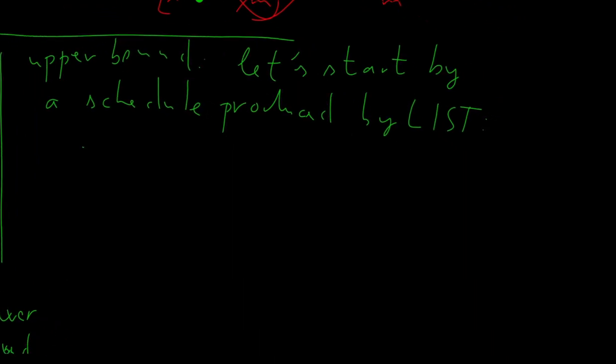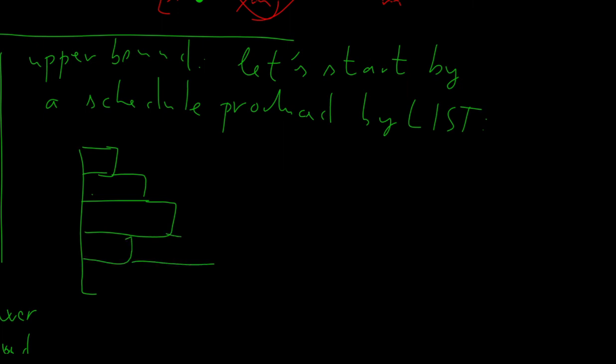It can be something like this: there is a rectangle, there is another rectangle, and so on. There might be more of them, whatever. So in general we have some sort of arrangement like this. Okay.